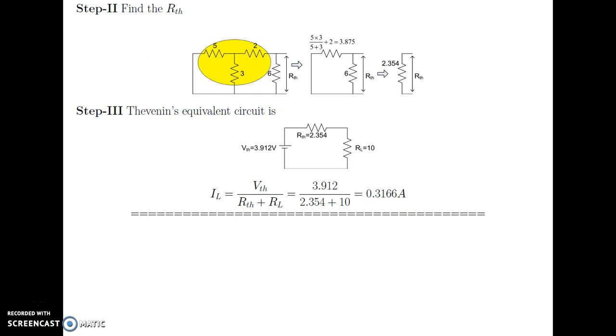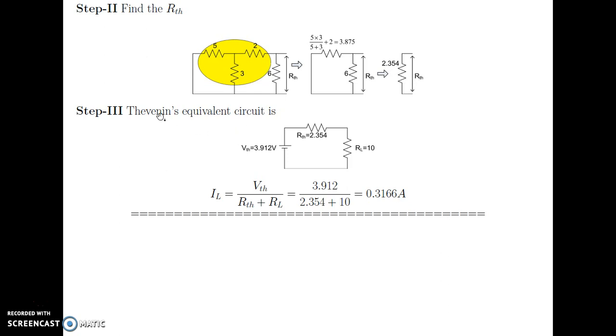The 5 and 3 are in parallel with each other, in series with 2. So 5 into 3 divided by 5 plus 3, plus 2 ohm, gives 3.875. This 3.875 is in parallel with the 6 ohm, which gives 2.35 ohm. That is, RTH is equal to 2.354 ohm.